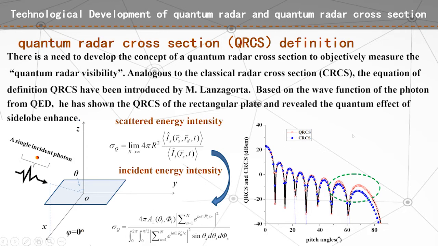And in the right picture, you can see the QRCS and CRCS curves. In this green circle, you can see the part of QRCS that is larger than that of CRCS, which means side-lobe enhancement. That's a kind of quantum effect, according to Dr. Lanzagrota.